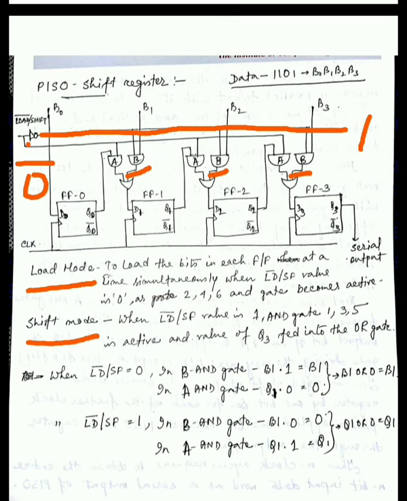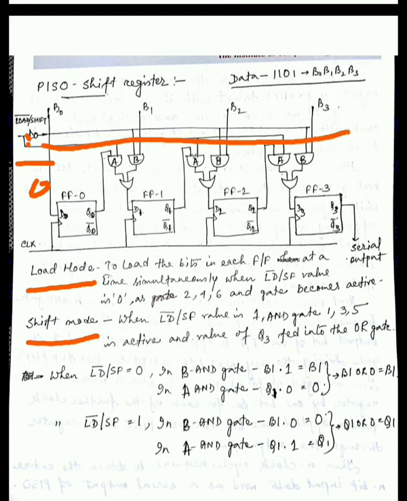And whenever it's 0, the below line, which is connected with the A AND gate, is 0. We know that if one input of an AND gate is 0, then the output is 0. So this gate is inactive.